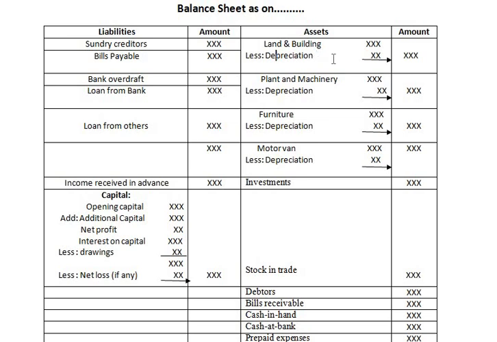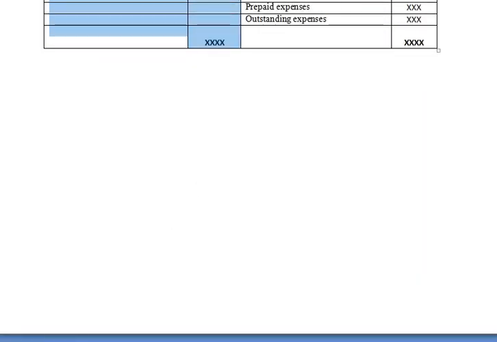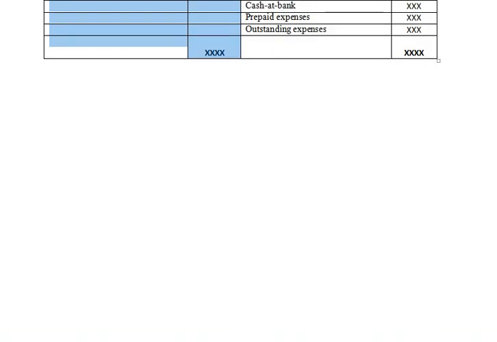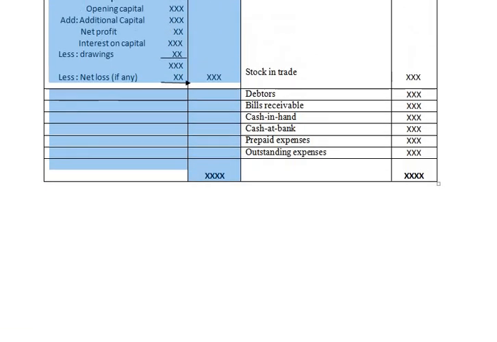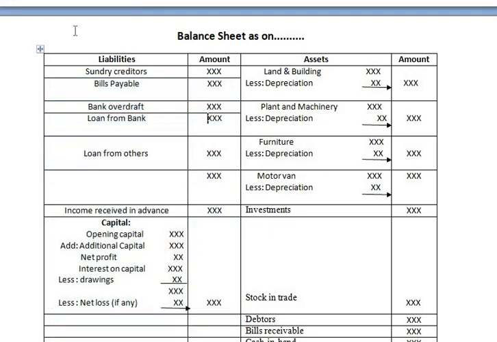This is the pro forma of the balance sheet wherein you have the liabilities and the assets. You have two aspects here: one is the asset side and the other is the liability side.